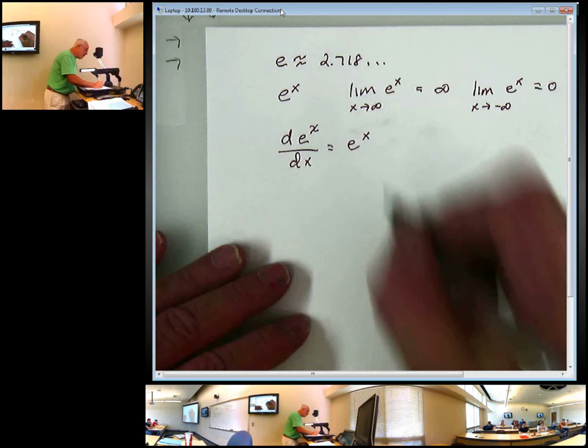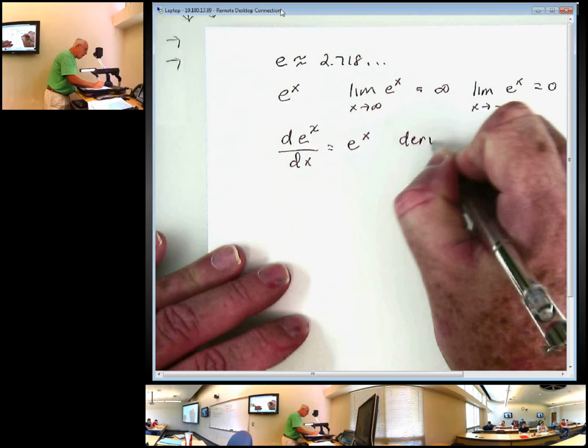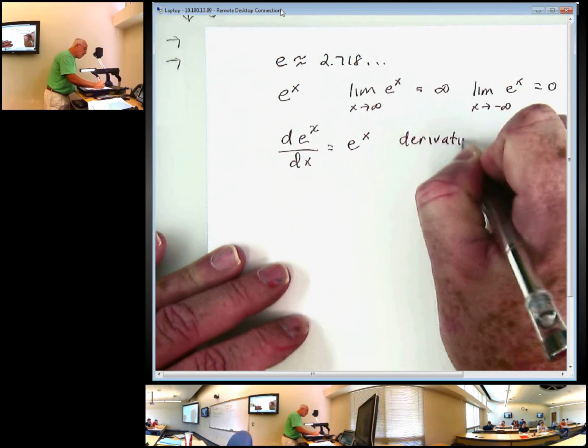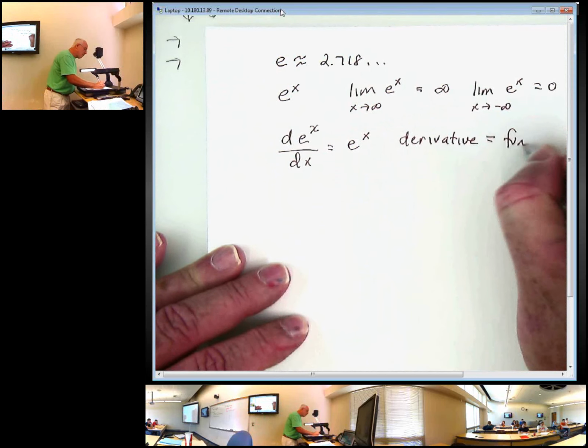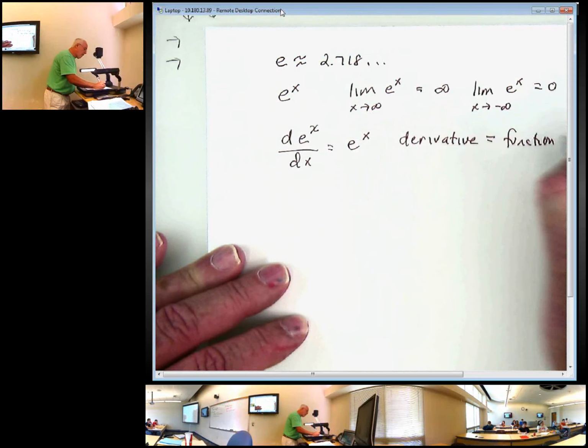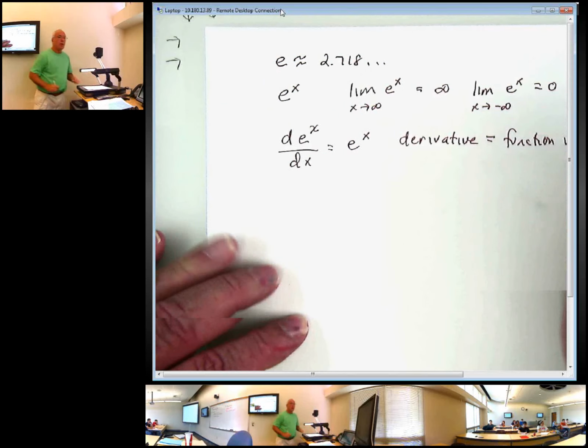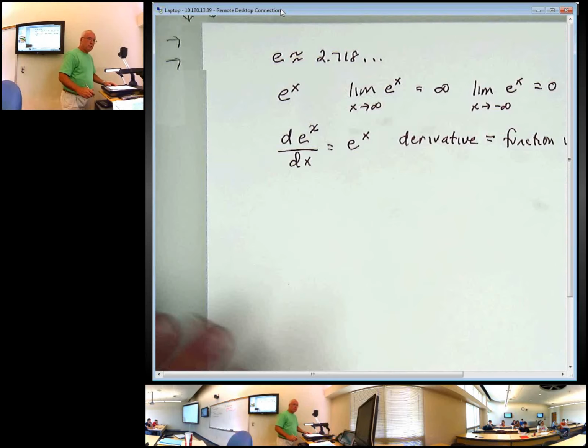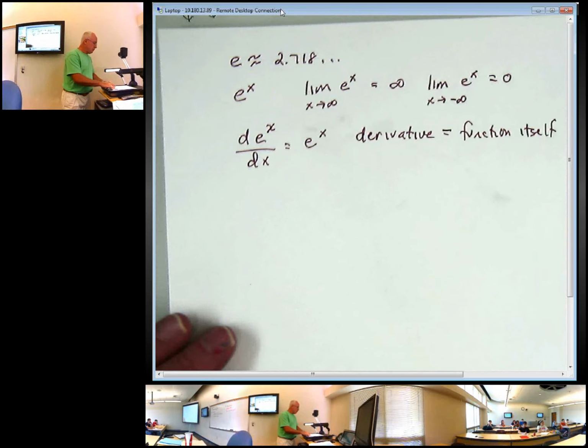So again, the derivative equals the function itself.